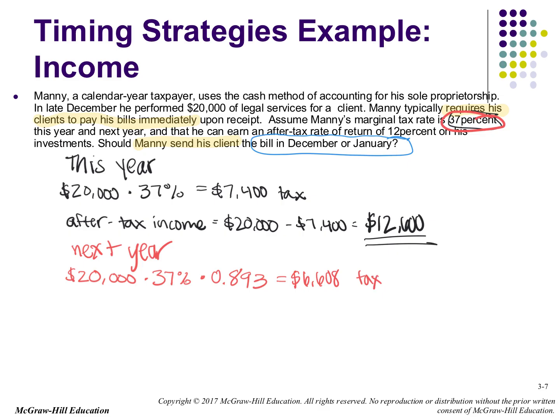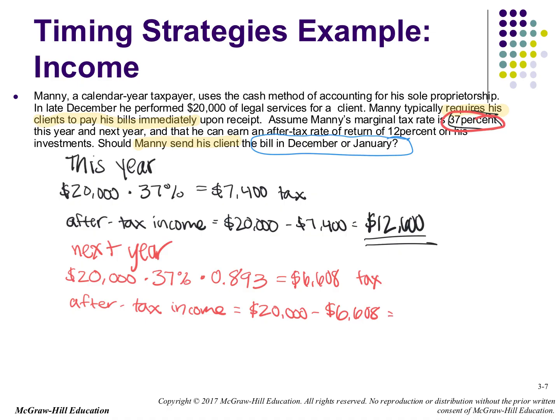So then subsequently, the after-tax income will be the original $20,000 pre-tax minus the $6,608 in tax.